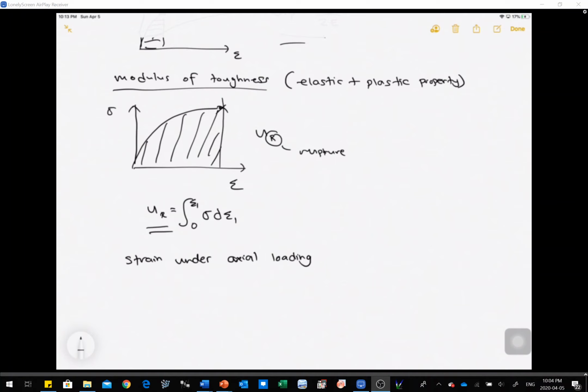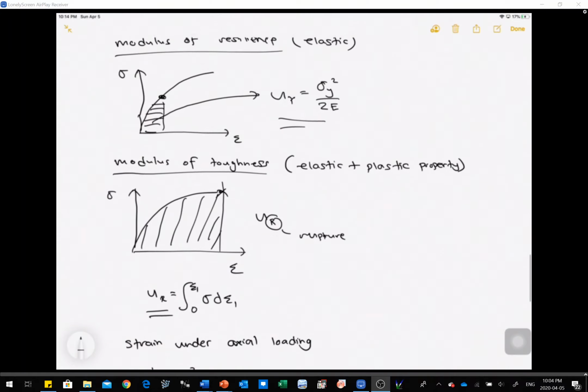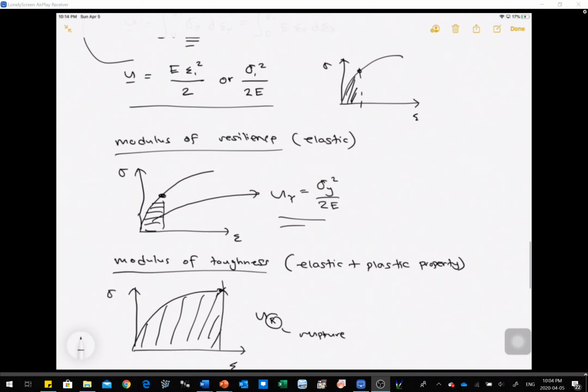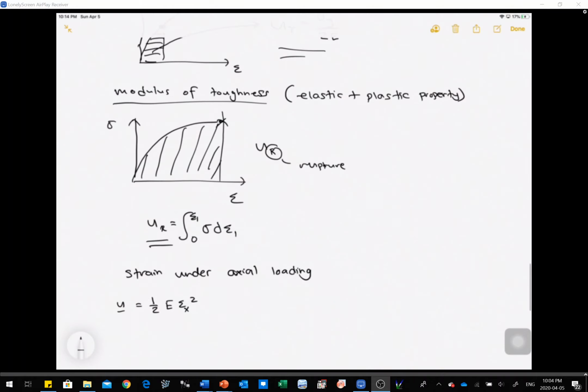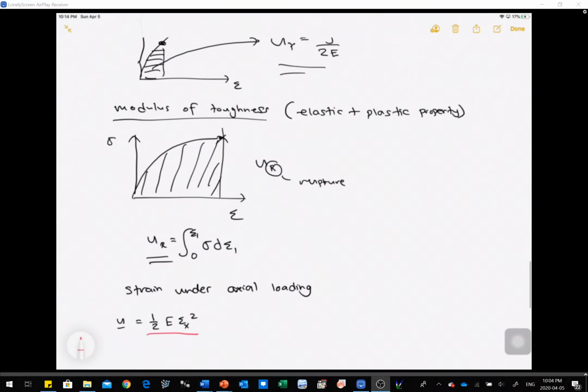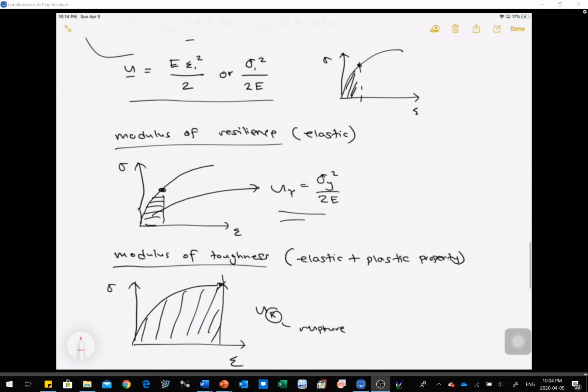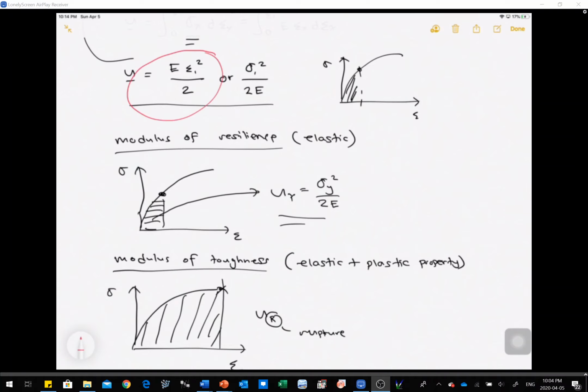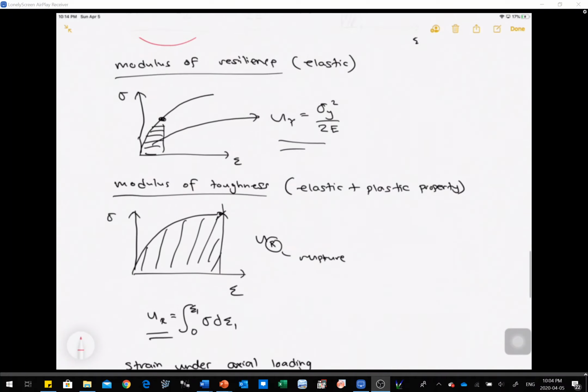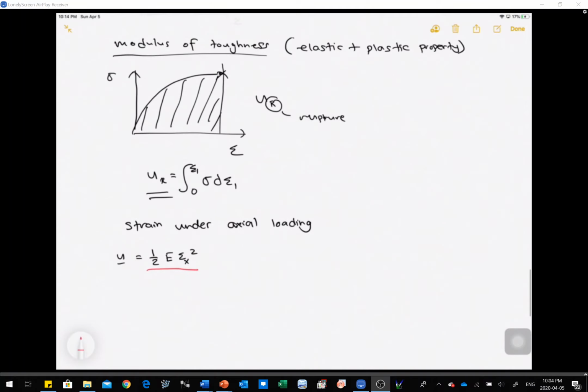Now, if we go back to our equations, we know that our small u is equal to 1/2 E epsilon x squared. And I think we defined it up here, so we have our small u, it's 1/2 E epsilon x squared. So if we go back to our equation, it's this guy right here. Now that's our strain energy density.